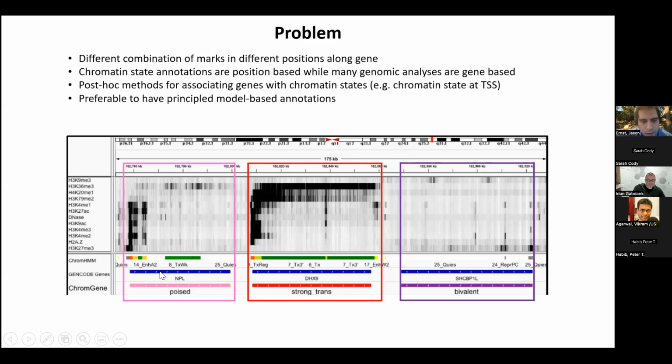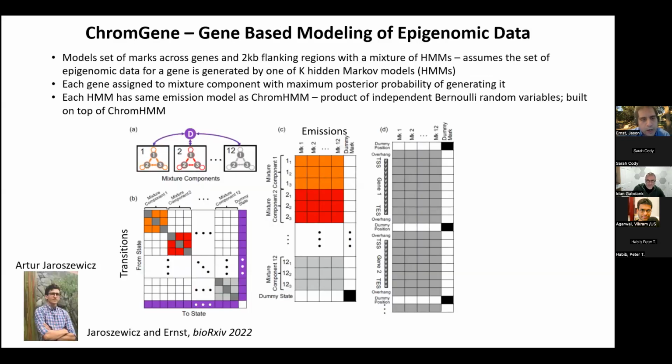What we're doing here is, these are 3 different genes, and we're giving them a label of a different gene-based chromatin annotation based on the entire set of data across the gene, learned de novo. The strategy we developed for this, led by a former graduate student in my group, Arthur, was based on a mixture of hidden Markov models. The idea is that the set of marks found across a gene and its flanking region is modeled by one of k hidden Markov models.